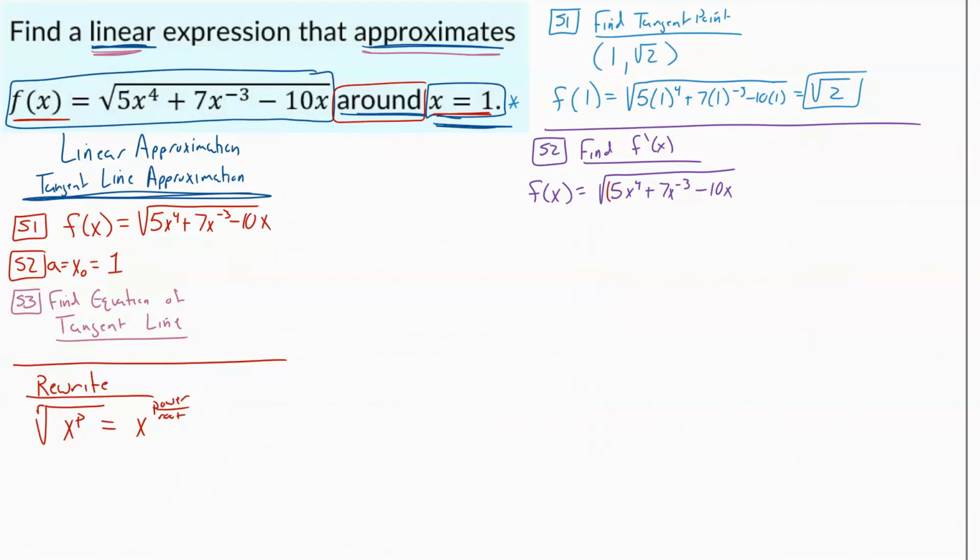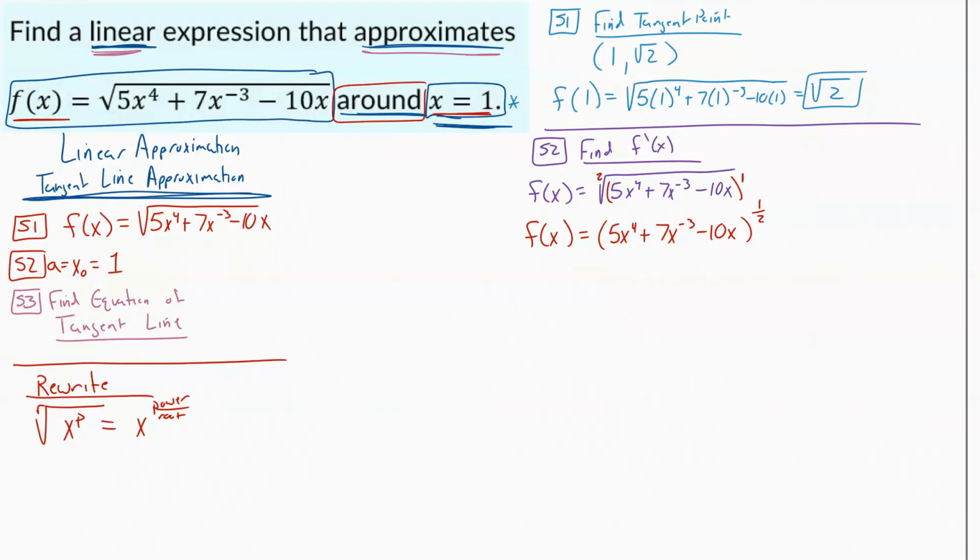When you have a bunch of stuff inside your root, all of that stuff is inside a set of parentheses raised to the first, and then we have a square root, an unwritten 2 outside here. So doing our rewrite on this, we would end up with 5x to the fourth plus 7x to the negative 3 minus 10x, all of that to the power of 1 over the root of 2.